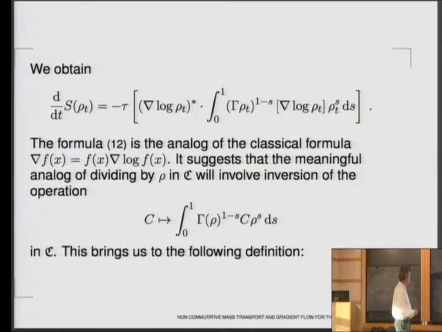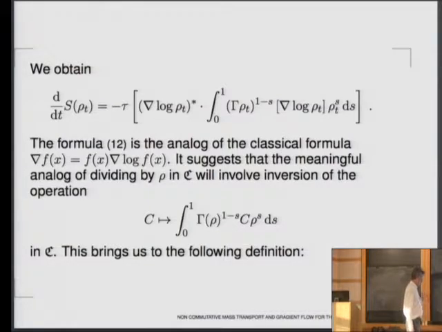Okay, so now one would like to think of this as grad log rho squared integrated against rho. If the gradient operator weren't here and everything commuted, we'd put these guys together and it would just be grad log squared rho, which is what you get in the classical case. So the analog of multiplying by rho is this operation.